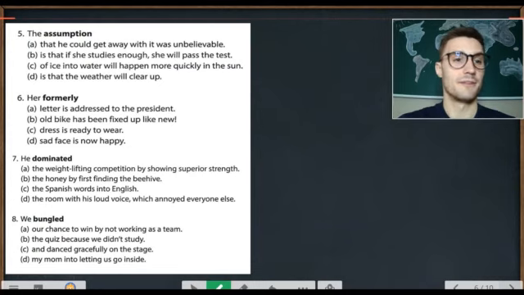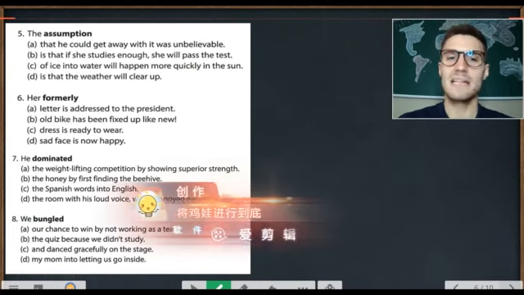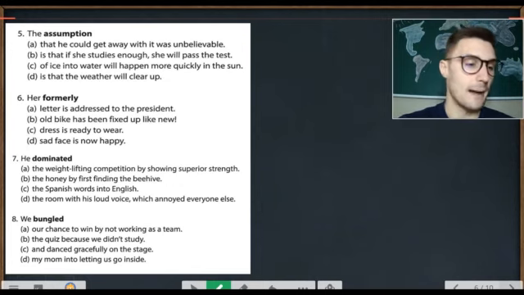Number 5. The assumption A that he could get away with it was unbelievable. B is that if she studied enough, she will pass the test. C. Of ice into water will happen more quickly in the sun. D. Is that the weather will clear up.